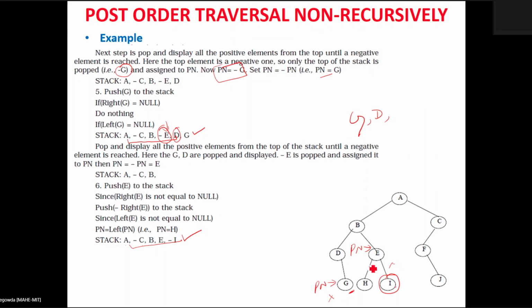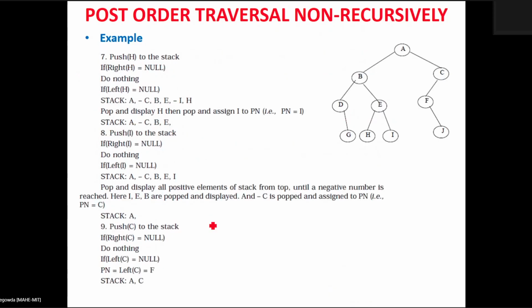Since it is not null, my Pn is now pointing to the node H. Then you have to push the H value onto the stack. After pushing the H value onto the stack, my stack status will be like this: A, minus C, B, E, minus I, and H.